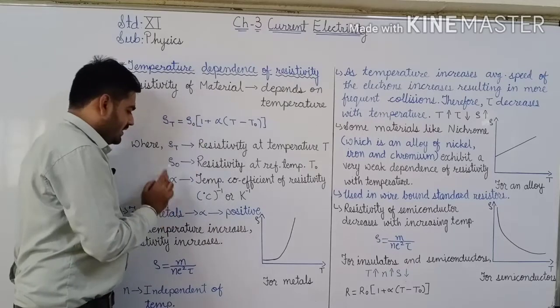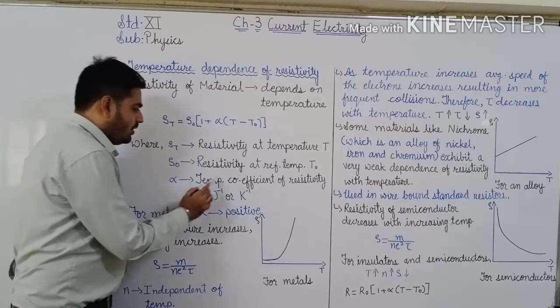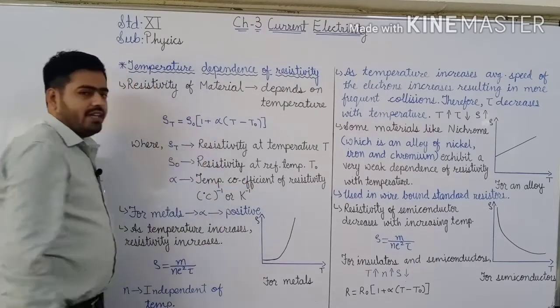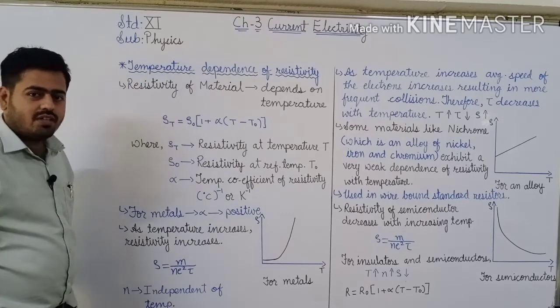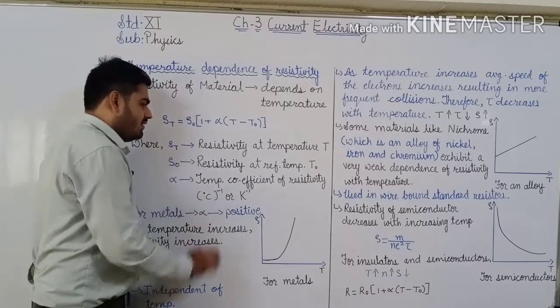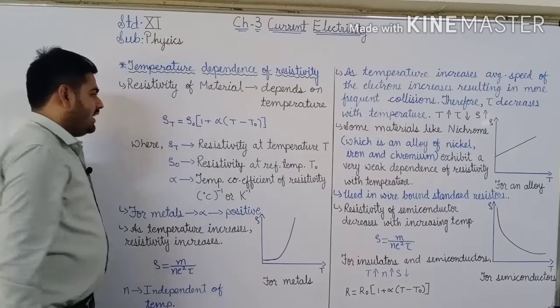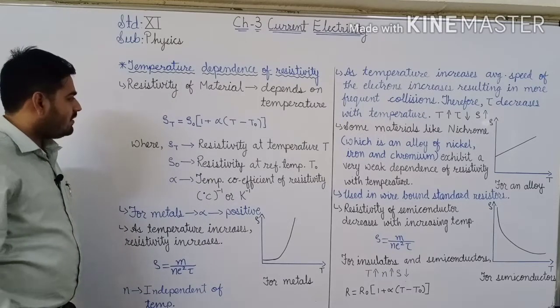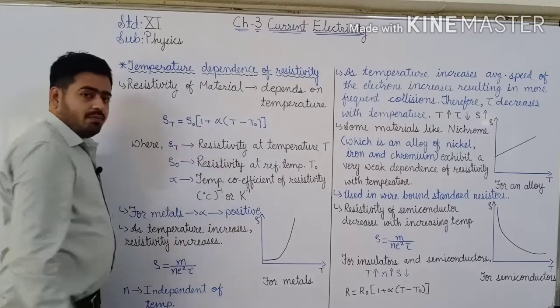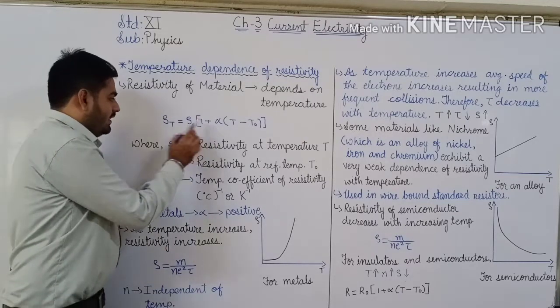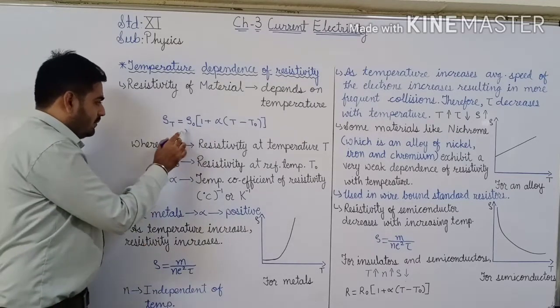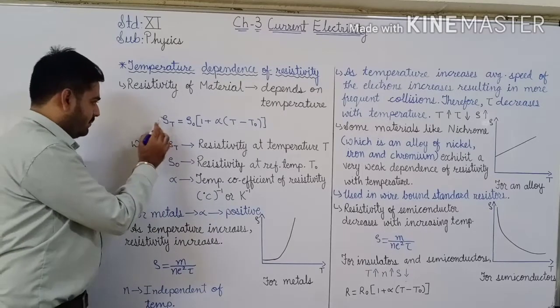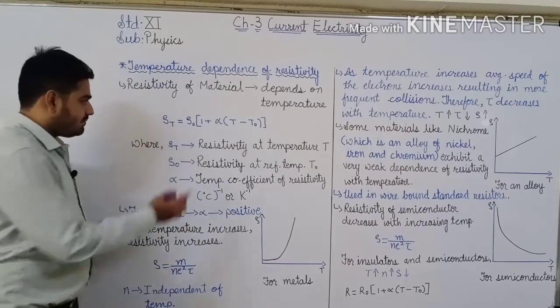Alpha, what is alpha? That is temperature coefficient of resistivity. From this formula, tell me what should be the unit of alpha? Here, rho T upon rho naught, resistivity upon resistivity will get cancelled.